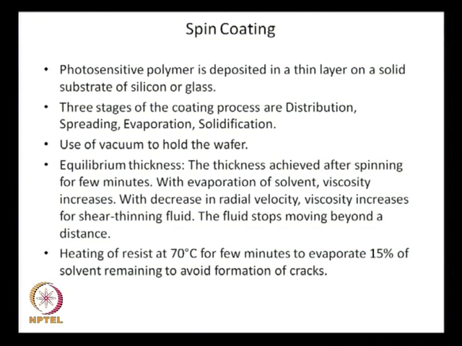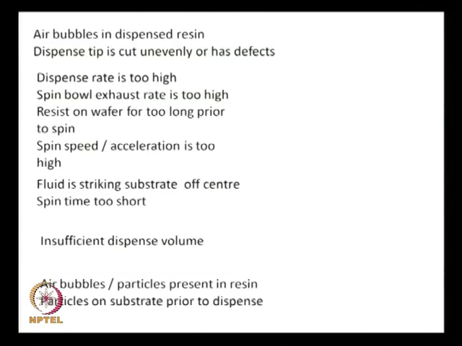So, it has to be heated in a controlled manner, and that is done by heating the resist at 70 degree centigrade for few minutes to evaporate this 15% of the solvent.